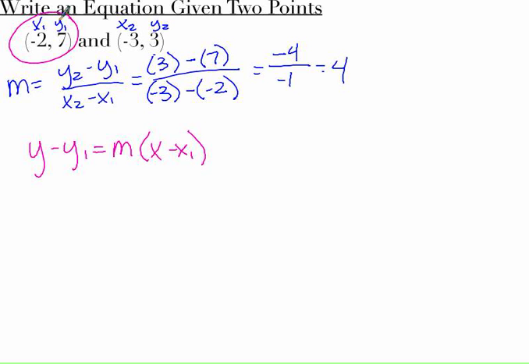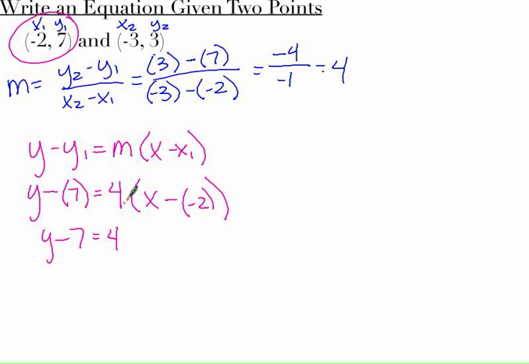So let's say I stick with these. I've got y minus 7 equals my slope, which over here I said was 4, times x minus this negative 2. So y minus 7 equals 4, and then this becomes a plus 2. So 4 times a positive 2 gives me a positive 8.